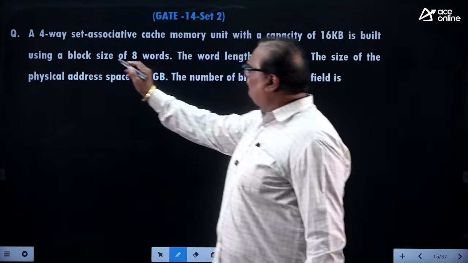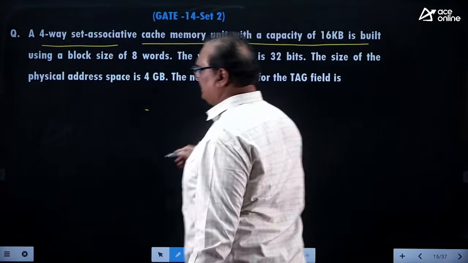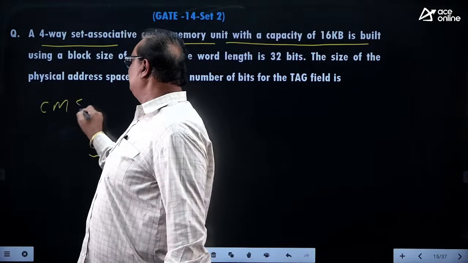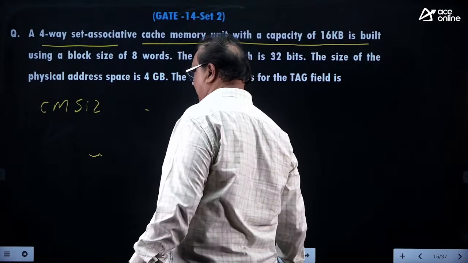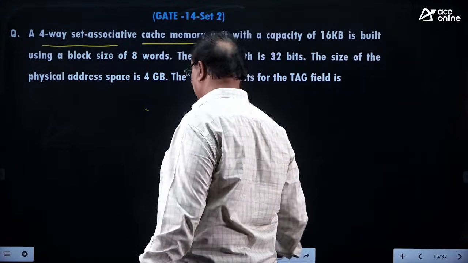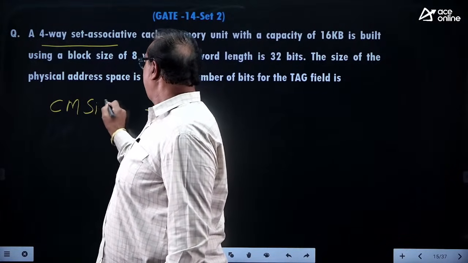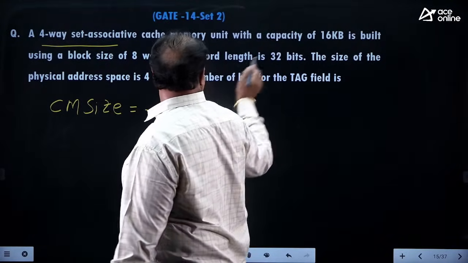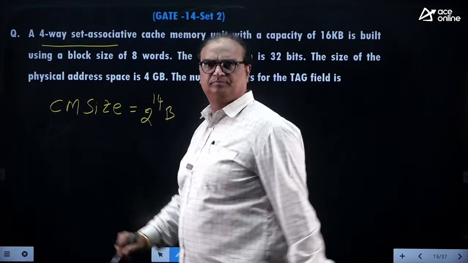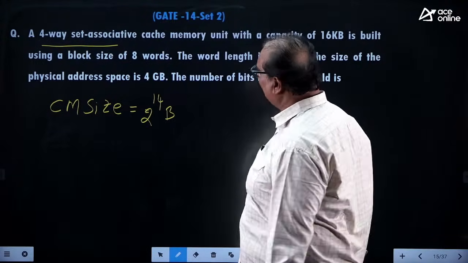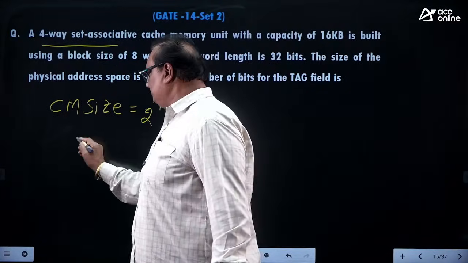Look here. A four-way set associative cache memory unit with a capacity of 16 KB, meaning the cache memory size is 16 KB. 16 KB means 2 power 14 bytes. At the same time, block size is 8 words.